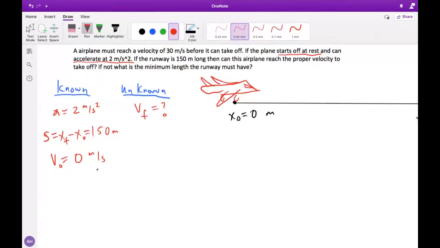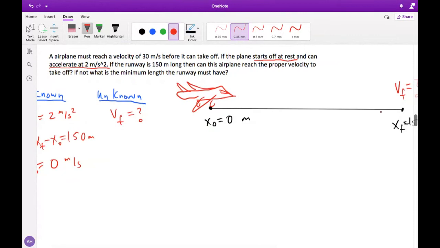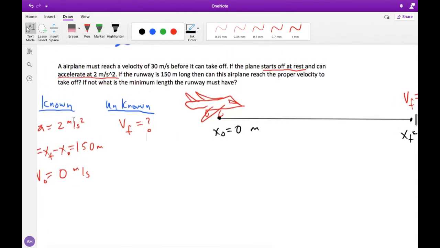All right, so we know the acceleration, we know the displacement, and we know the initial velocity based off of this question here. And we want to find what v final is after this plane accelerates 150 meters at 2 meters per second squared.